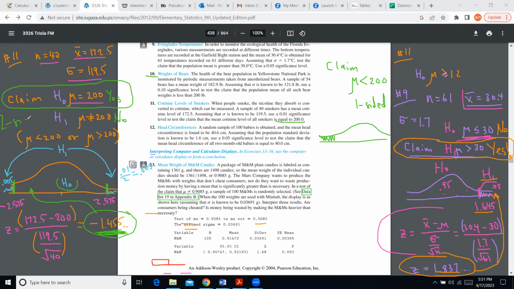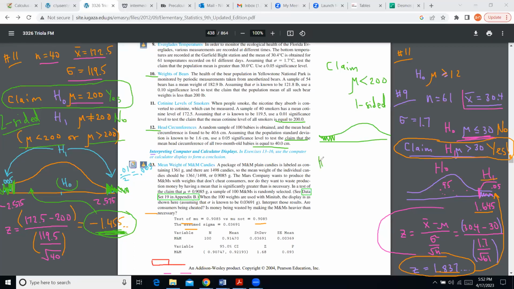Why is it two-sided? Well, look at the picture. You have one side and the other side. You see the region on the right side that I'm highlighting, and then the region on the left, because not equal means either greater or less. So equal, not equal is two-sided, and greater or less is one-sided. How about exercise number 12? That says, again, claim here that equal to 40 centimeters.